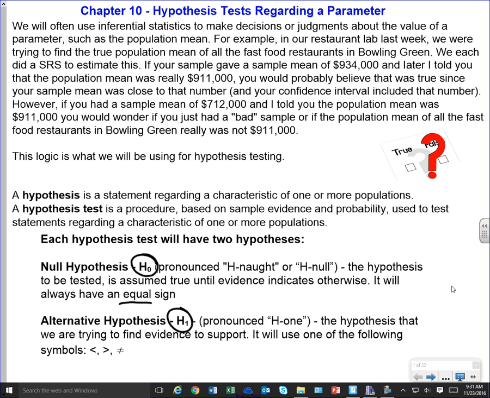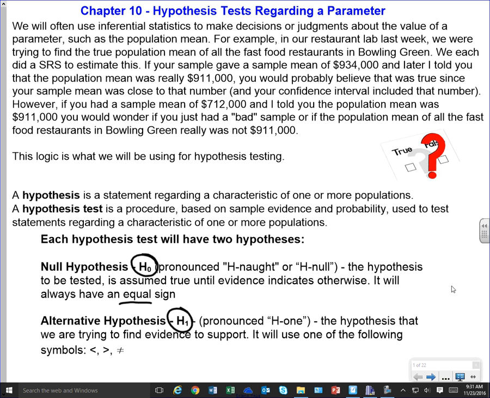But if you had been one of those people that had gotten a low sample mean, maybe at $712,000, and I told you, well, the real population mean is 911,000, you might have thought that wasn't the case because, I mean, your number was $200,000 less. That seems like maybe a lot more than just sampling error, right?